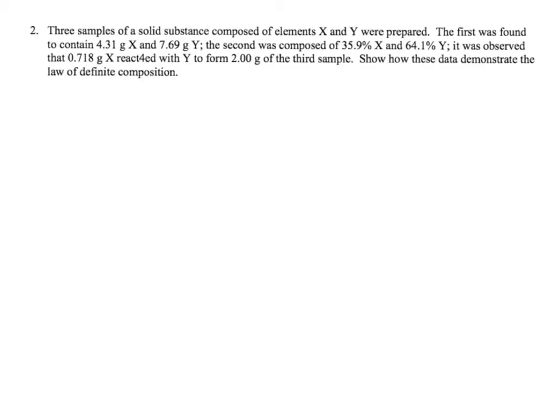Whatever goes in has to come out. So we can set this up algebraically and solve for Y. Y is going to be the difference between the 2 and the 0.718, and that answer is 1.282 grams of Y.